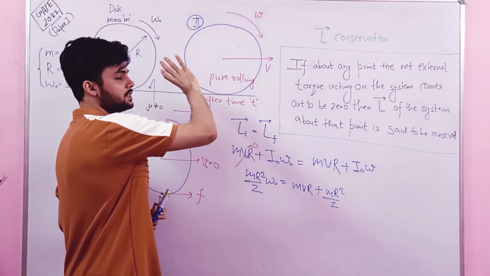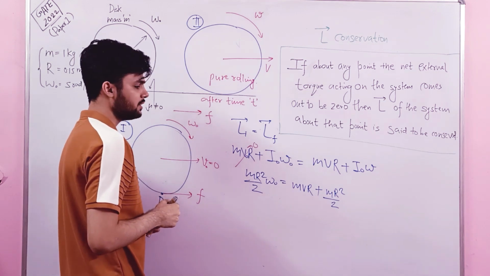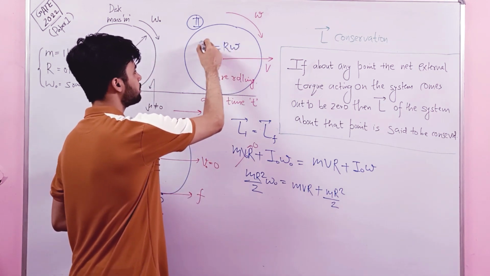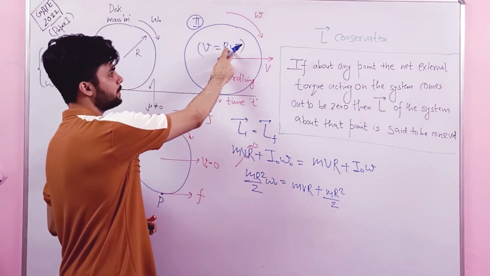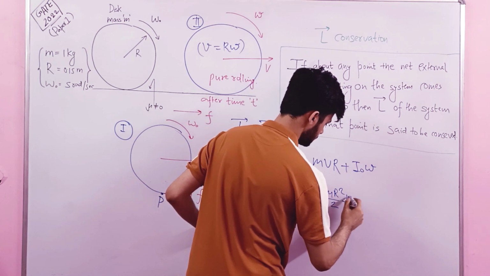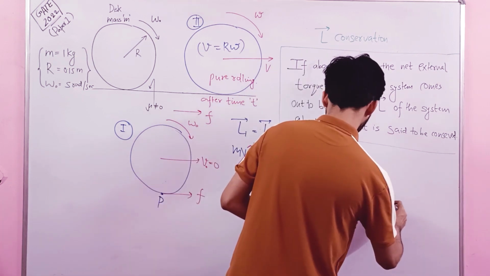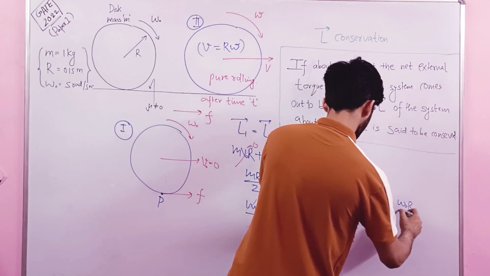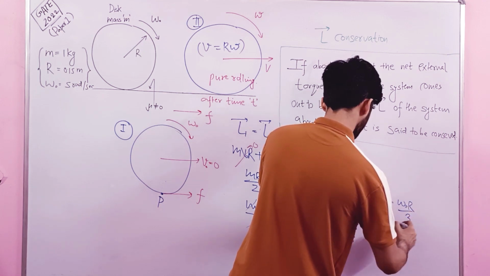Now since the disk has started pure rolling, what we can write is v equals r omega. So let us substitute omega equals v by r. So we'll get v equals omega naught r upon 3.